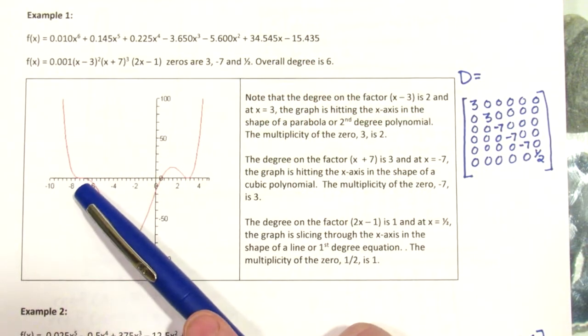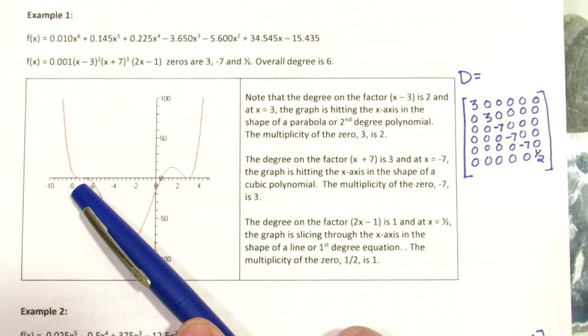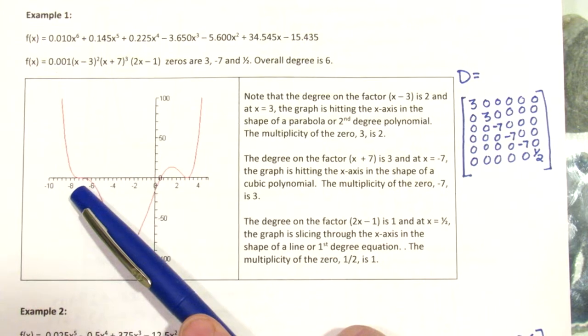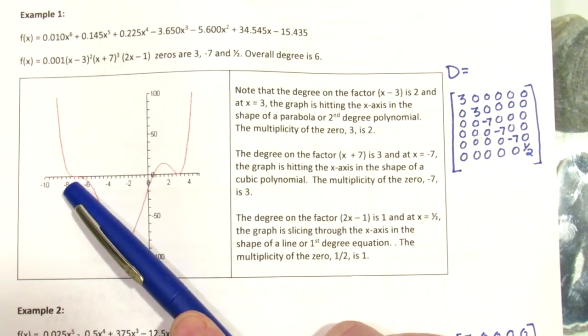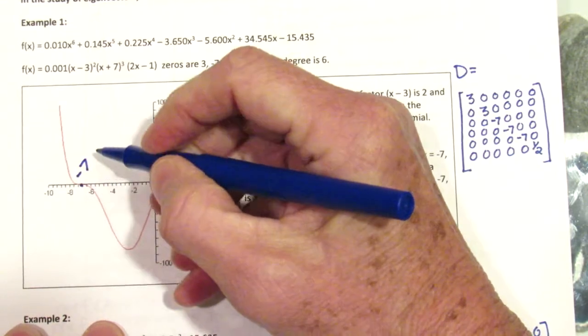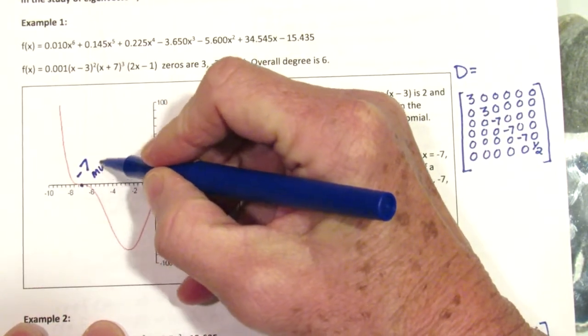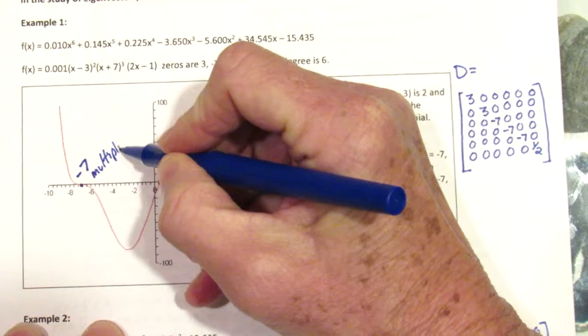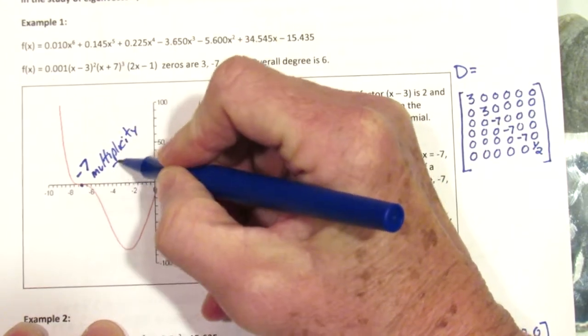So -7 must have a multiplicity of 3. That is, the factor x plus 7 shows up in the polynomial 3 times. So here's one of the zeros, -7, and it has multiplicity 3.